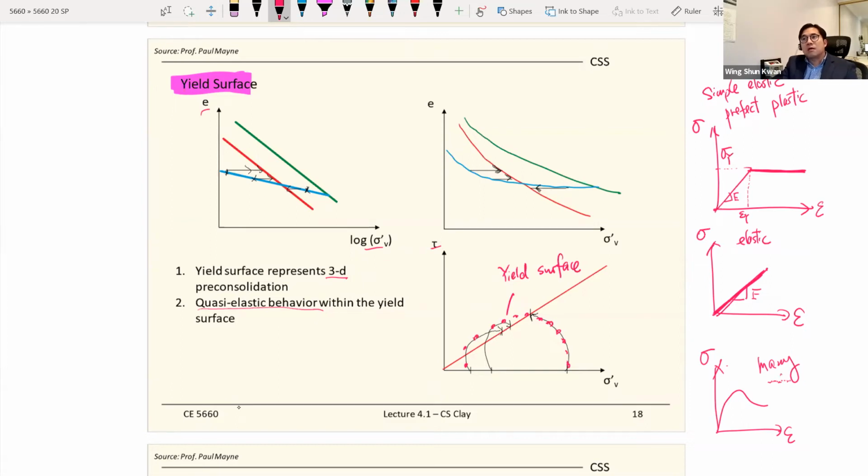But critical state soil mechanics gives you a framework, where you start, where you end, to give you guidelines or directions to model this yield surface. At the end of the day, that's what we try to work on.